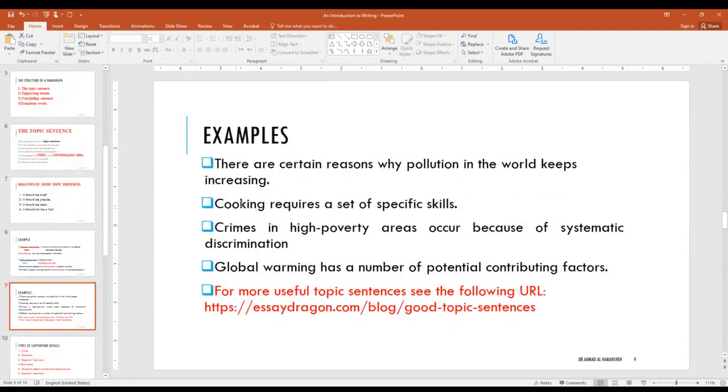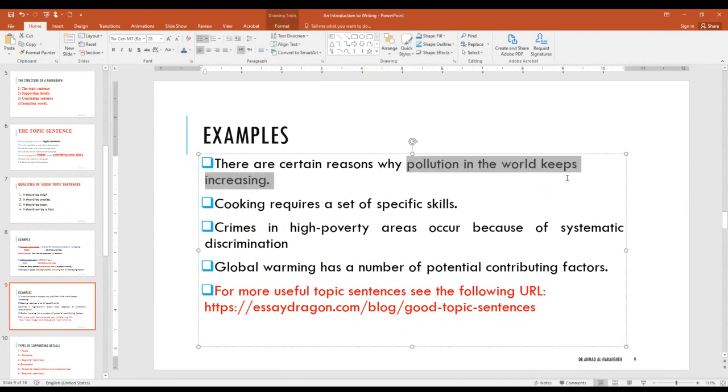Here we have other examples. There are certain reasons why pollution in the world keeps increasing. Why pollution in the world keeps increasing, this is the topic.